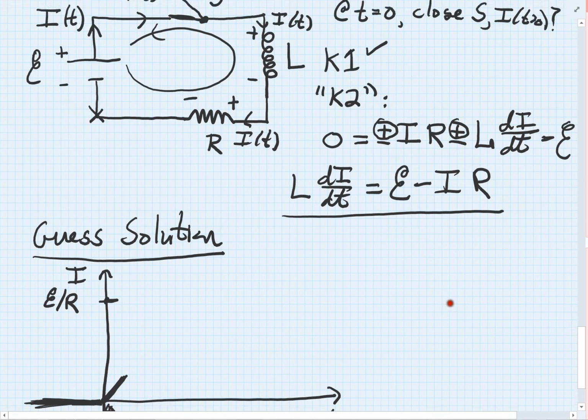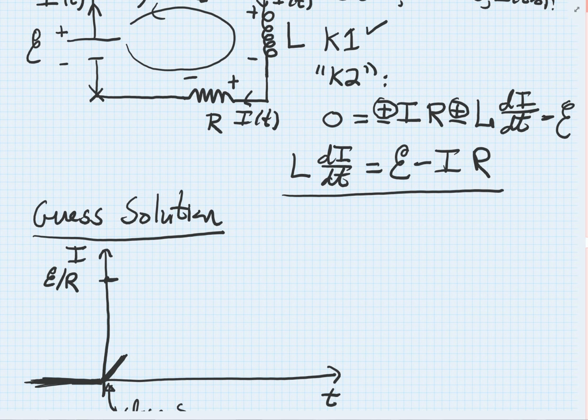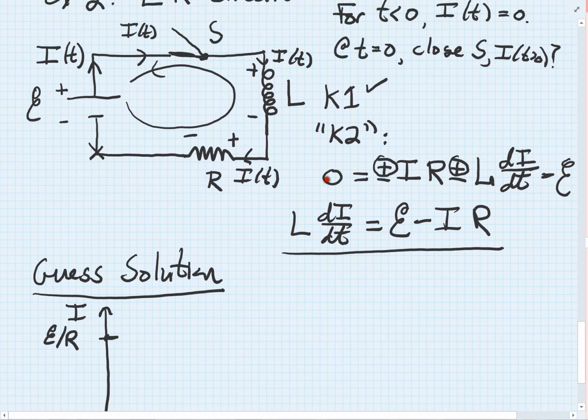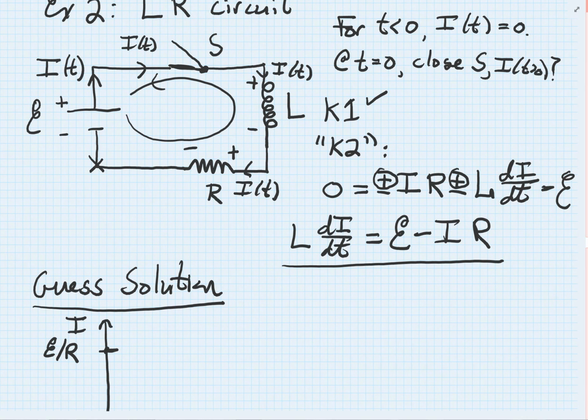Now, let's see what happens. Initially, the current is going to have to be 0, but then it can start to increase and current can flow through my circuit. Now, if I wait a long time afterwards, take the other limiting case. If I go to long times, eventually I would hope I would reach some kind of steady state, and this circuit would begin to settle down. When it settles down, things will stop changing. The current will no longer be changing, and di/dt will become 0.